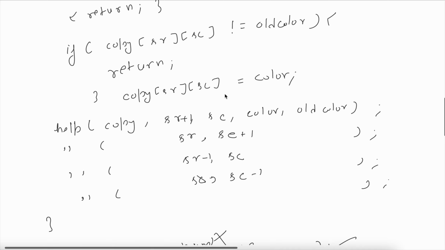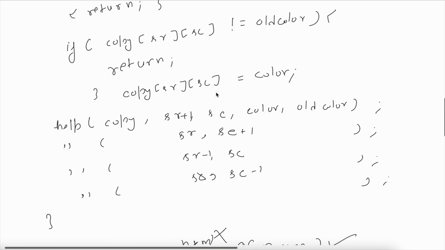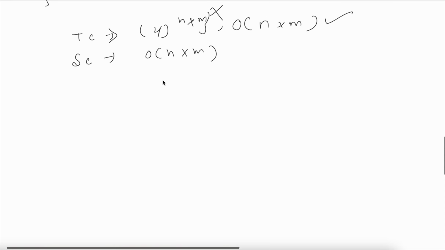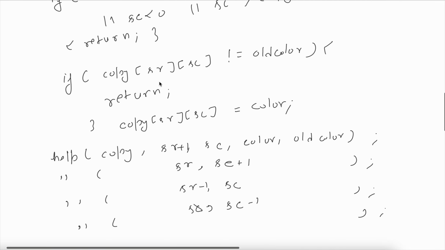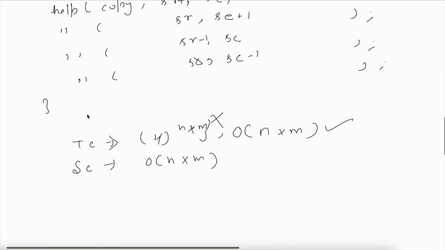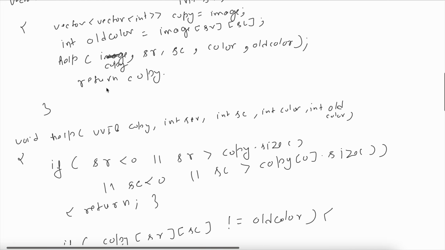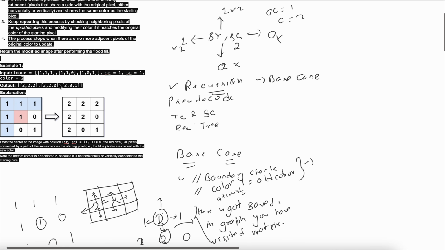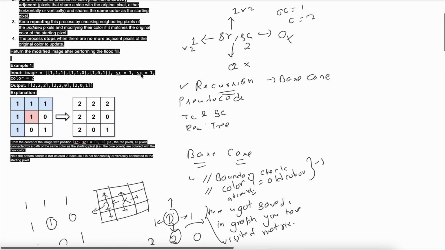I think we can talk about one recursion tree, for this input only. If we see, SR and SC are 1, 1 and color is 2.